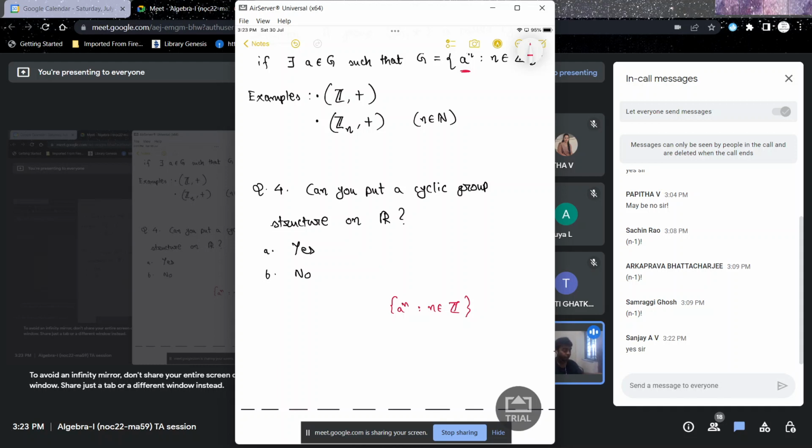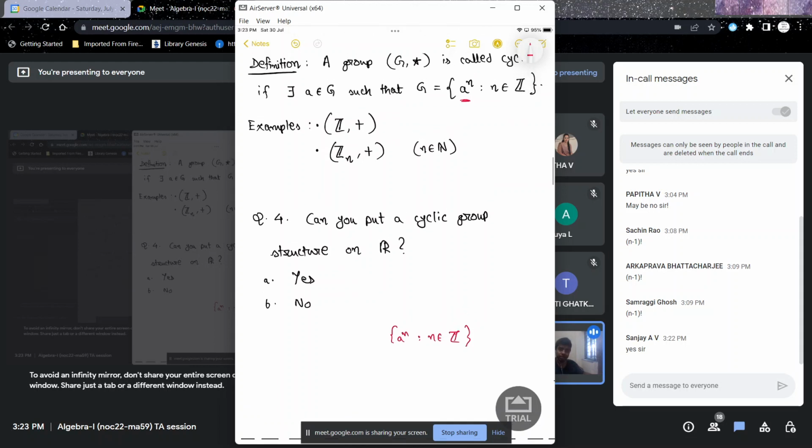So this notation doesn't mean that this set, A power n where n varies over integers, is always an infinite set. It may be a finite set, but regardless, you should be able to come up with an element A in the group such that every element of the group is some integral power of A. And that's the definition of a cyclic group.